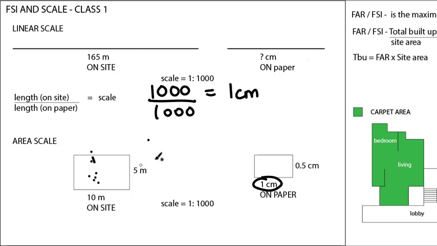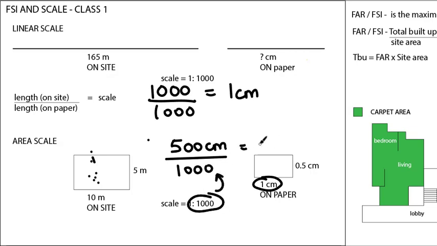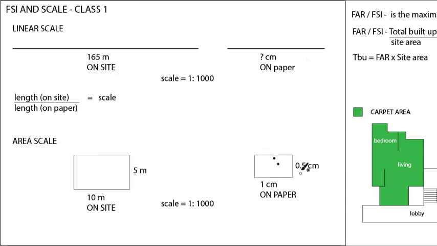Similarly, for 5 meter it's 500 centimeter divided by 1000 for this scale 1:1000, which will give me 0.5 centimeter. Okay, so this is how we get 1 centimeter by 0.5 centimeter.